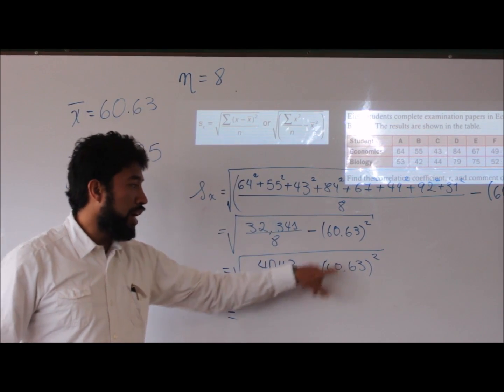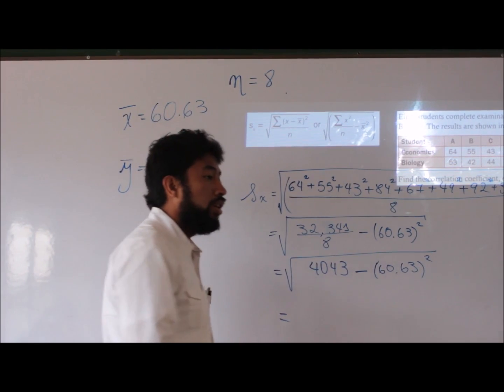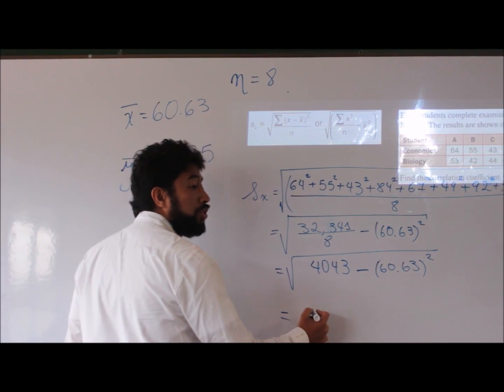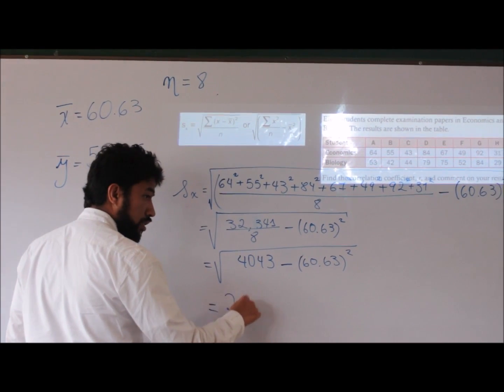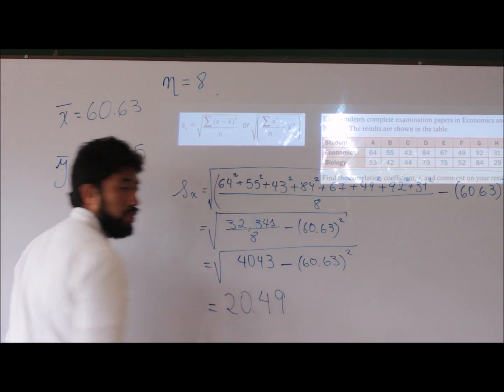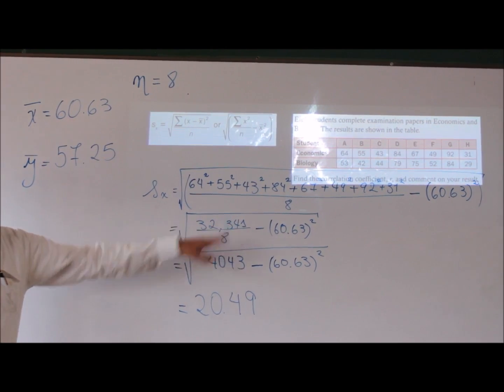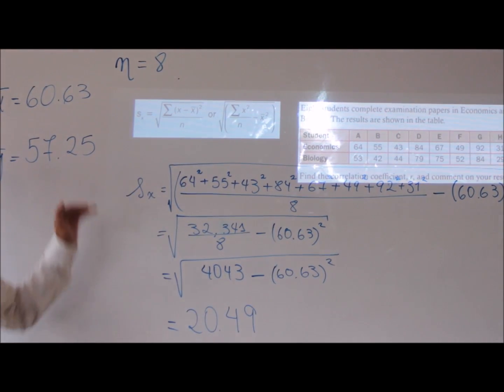Square root of this minus this, and the answer with 4 significant figures. 20.49. That's what I obtained when I put that in the calculator.